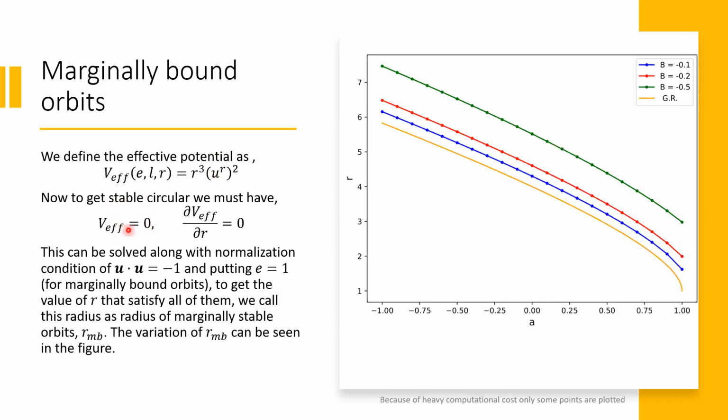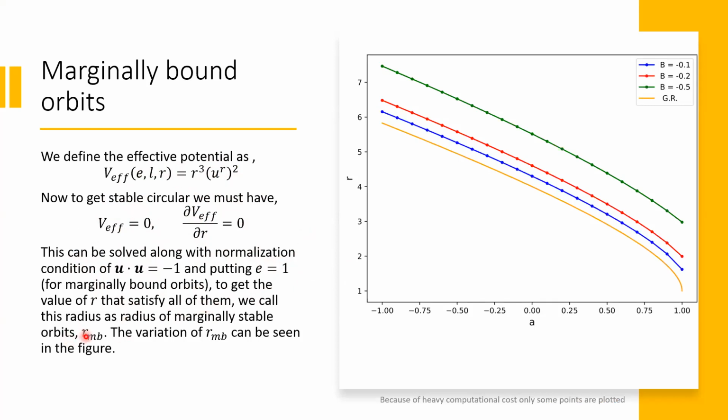So V effective will be 0, and for the stability condition, we have to find the extrema, and we also have two other equations, that is a normalization equation and equals 1. Now solving all these four equations, we can find the radius of the marginally bound orbits.